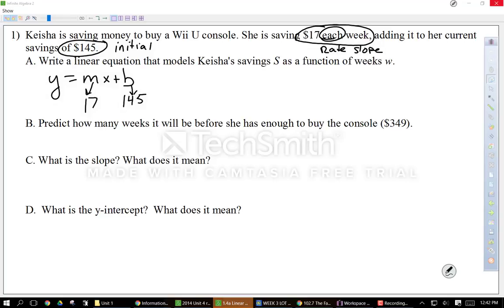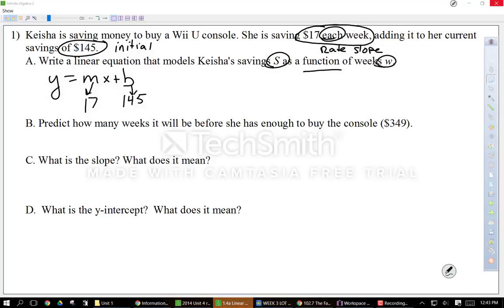But in this particular problem, it gives us S and W, not y and x. So we need to figure out how we need to write this. So the proper way is saying S as a function of weeks, which means S is going to be equal to something with weeks in it. That's basically what this means.